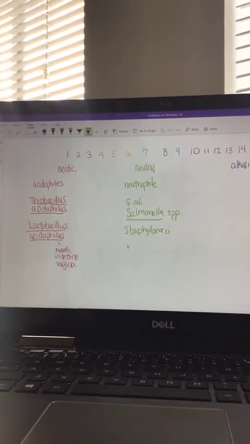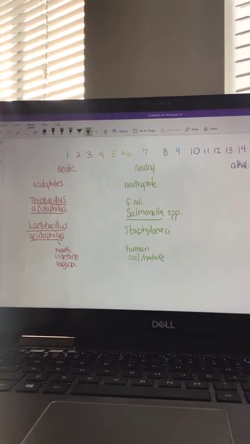Of course, you can find it in humans, especially E. coli. You can find E. coli in your intestines. You can also find Salmonella out in nature, in soil. That's where you can find these particular microbes, neutrophiles.